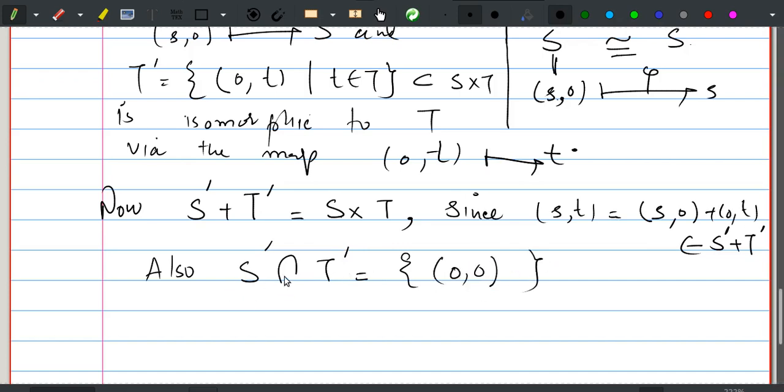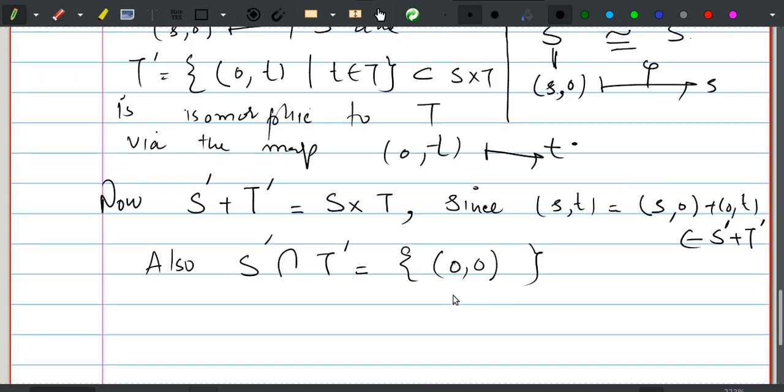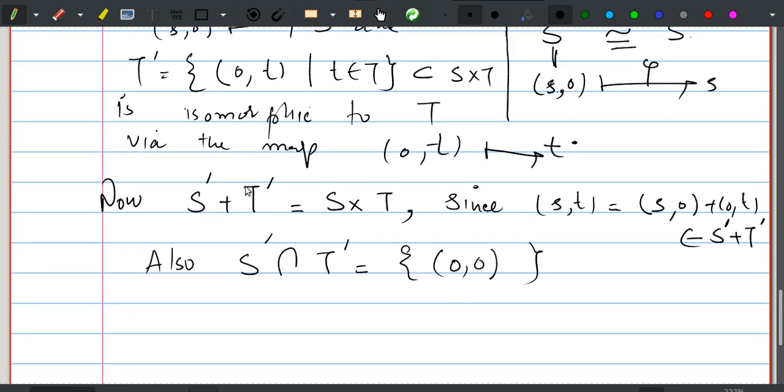So this implies that each element of S prime plus T prime can be uniquely expressed as an element like this and this, with the condition that their intersection is singleton. This implies that this is a direct sum over here. This implies S cross T is the same as S prime direct sum T prime, because their intersection is singleton. So this is the proof.